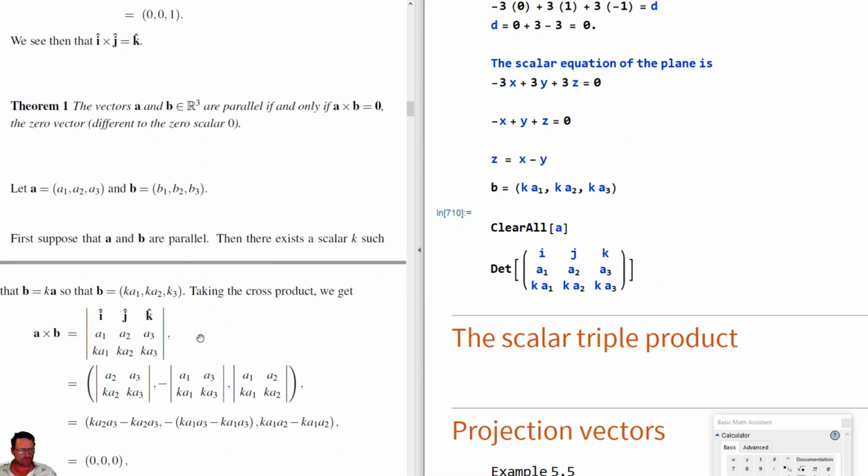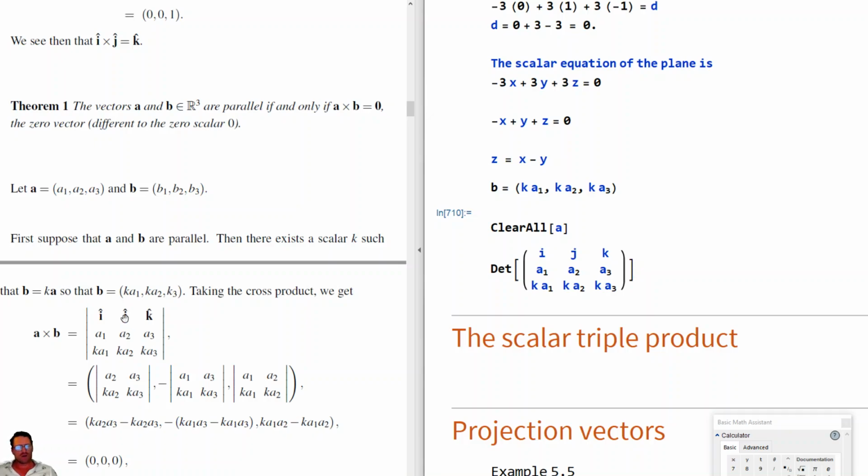All right, so remember, if you're calculating the determinant of this matrix here, then we have I times the 2 by 2 determinant obtained by crossing out the row and the column that I is in, and forming that determinant there. Likewise, we move on to the second element in the top row.